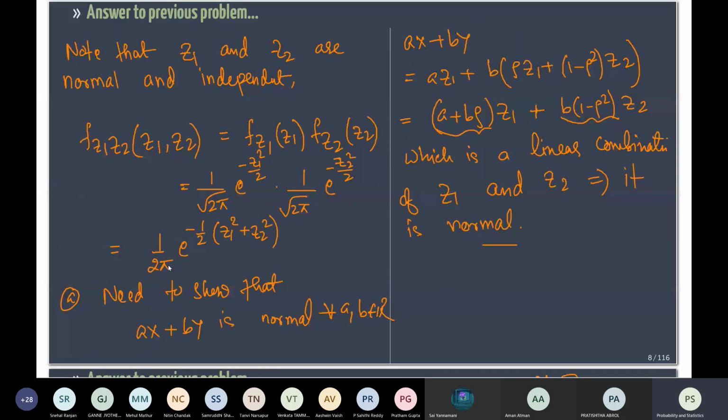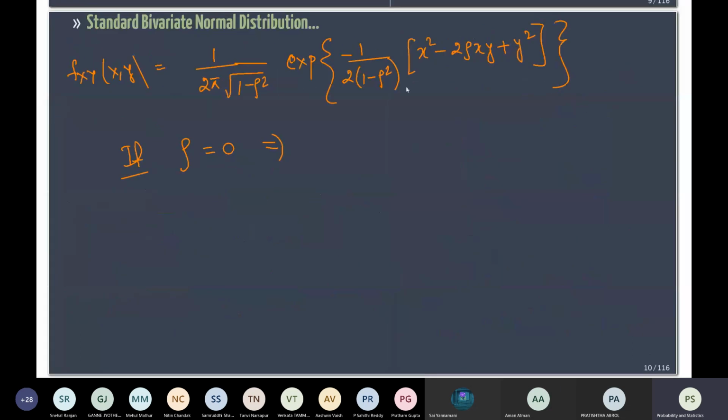So two independent standard normal look like 1 by 2 pi e to the minus half z1 square plus z2 square. So if rho is 0, then immediately we know that fxy is 1 by 2 pi e to the minus half x square plus y square.